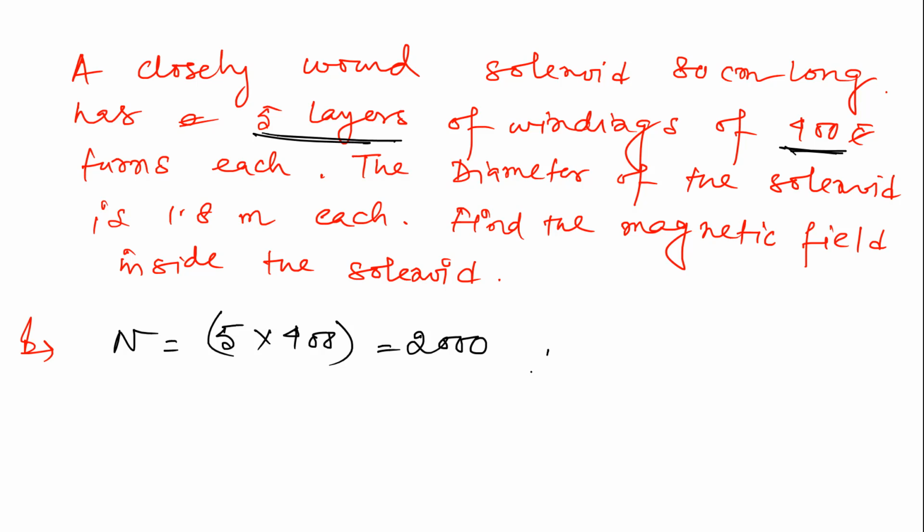Now in this case, what is the value of the current? The diameter of the solenoid is given. Oh, I have not given the current. So in this case, just write it down. One piece of information was missed by me. If the current carried is 8 ampere, this small information was missed by me.